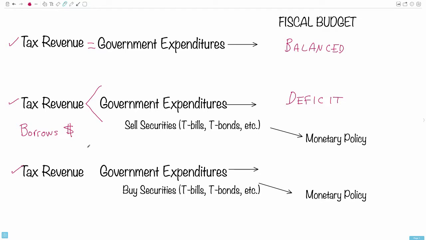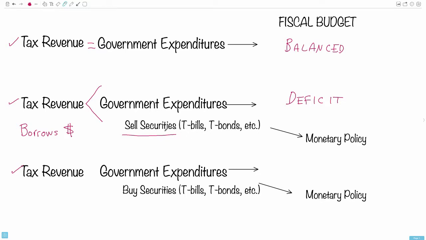Well, in the case of the US, but of course other governments around the world have similar institutional arrangements, the US Treasury is going to issue and sell securities through open market operations. Yes, through the central bank, which is the Federal Reserve Bank. And of course, I'm talking about treasury bills, treasury bonds, and so forth.